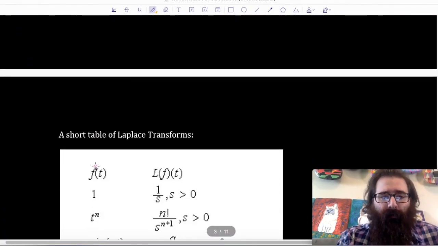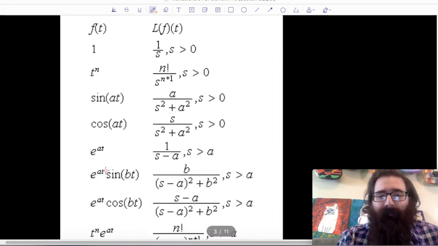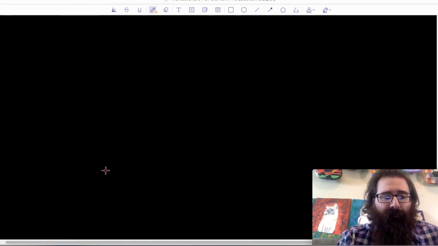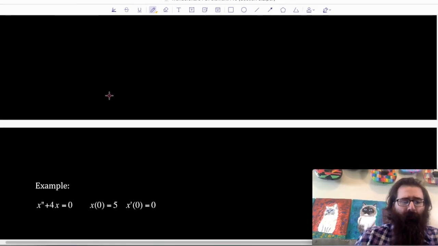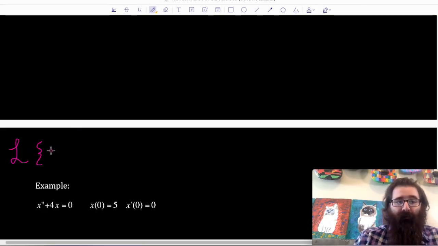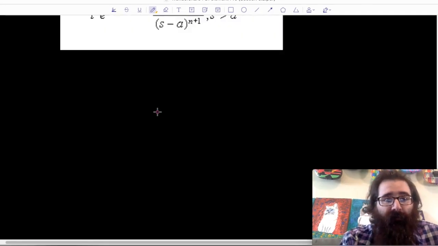But first, we've got our table, that same table from the previous lectures, to hang out with us. But I want to take a look at an example. And let me write down what we were saying. Instead of using, for example, f prime and f double prime, let me use x instead, because that's going to coincide a bit better with what we're looking at. So say the Laplace transformation of x prime, and think of this like f prime, if that helps.